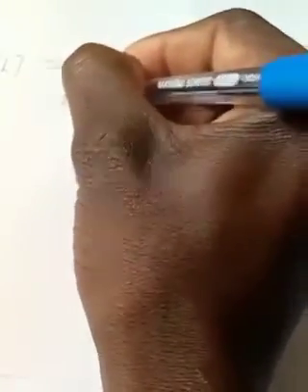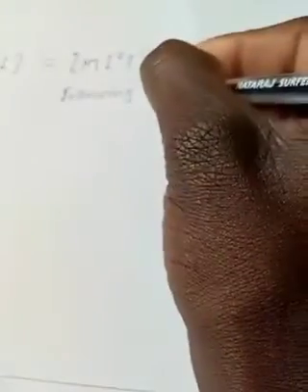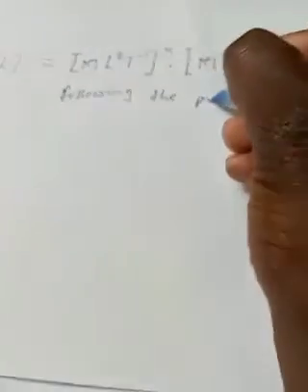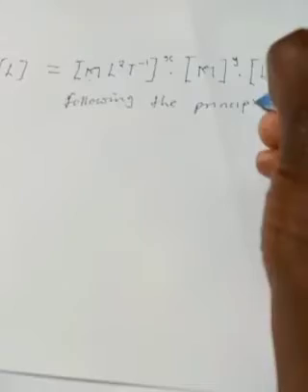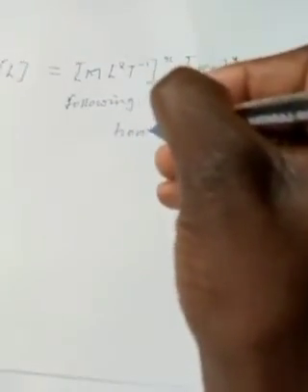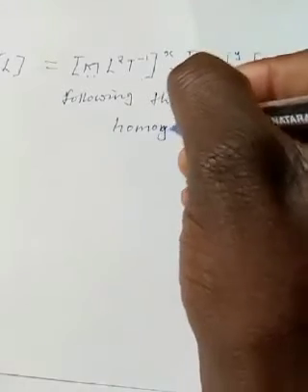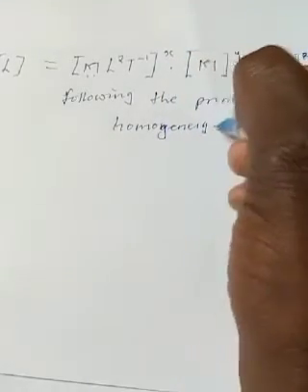But you see, on the left hand side, we don't have some of the quantities which are found on the right hand side. What does the principle of homogeneity state? So here you follow the principle of homogeneity.